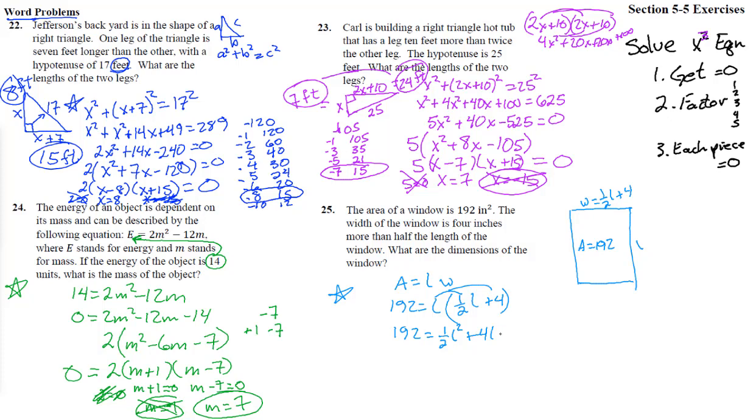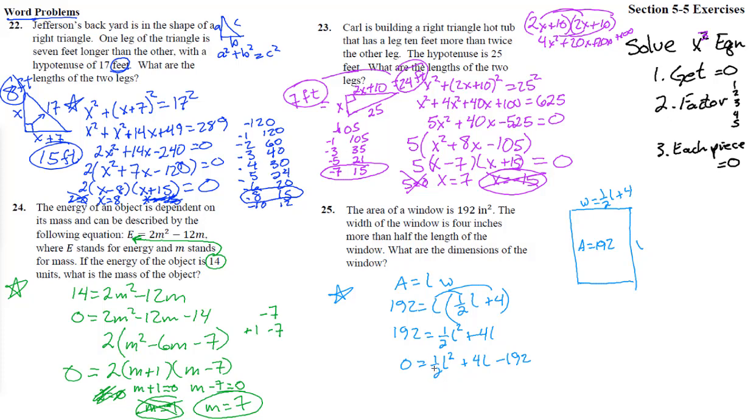If we subtract the 192 over here, look how slick that is. Well, let's do that in the next step. So subtract 192 and we get 0 equals 1/2 L squared plus 4L minus 192. So subtract 192 from both sides. It's equal to 0. I don't like this fraction.